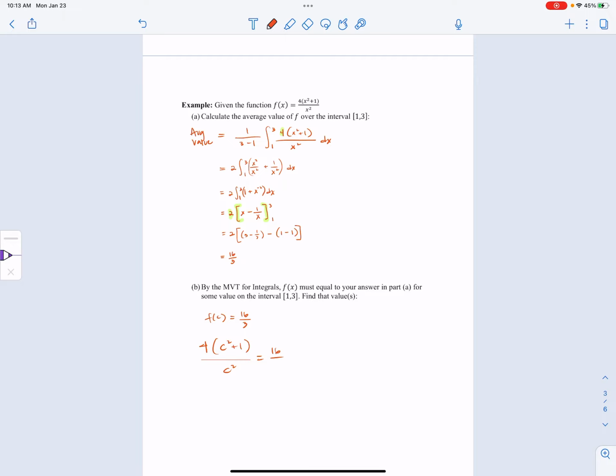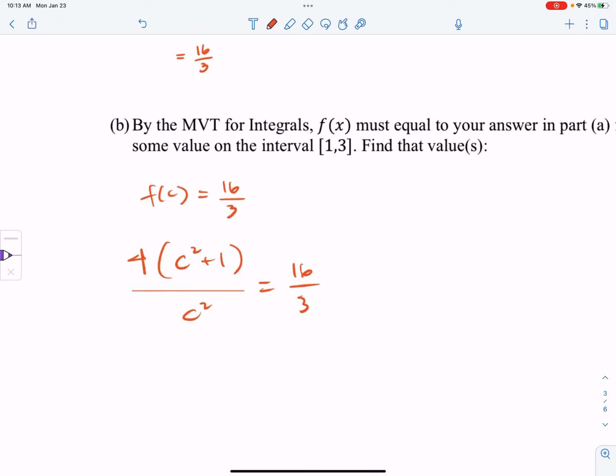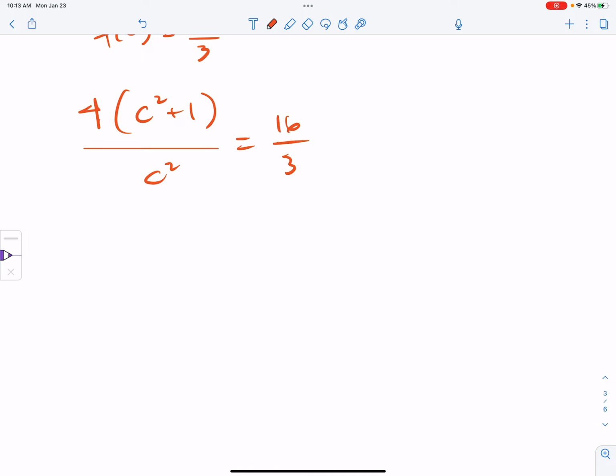That's f evaluated at c equal to 16/3. If we multiply by c squared on both sides and distribute that 4, we'd have 4c squared plus 1 equals 16/3 times c squared.